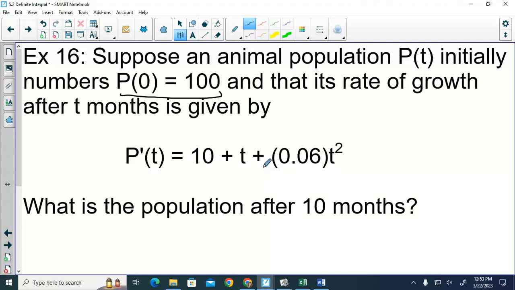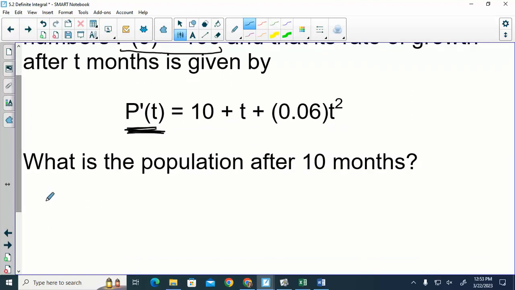What's the population after 10 months? So here is the rate of change. I want the actual population, what do we have to do? The antiderivative. Okay. I want the antiderivative, do you know from where to where?